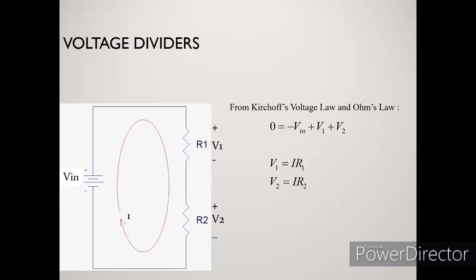From two laws, Kirchhoff's voltage law and Ohm's law, we can come up with another formula for the voltage divider. Kirchhoff's voltage law states that in a closed loop, the total voltages must be equal to 0.